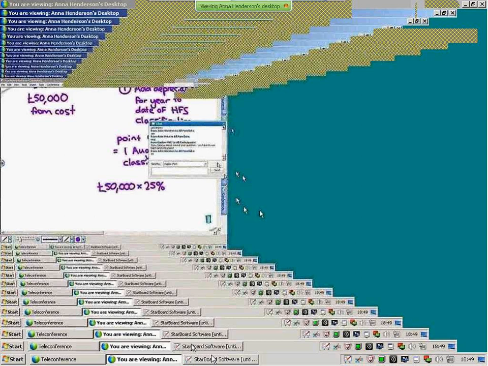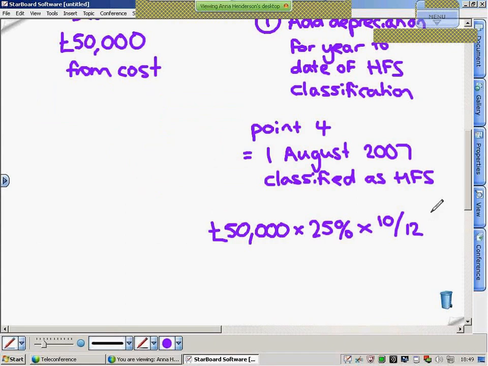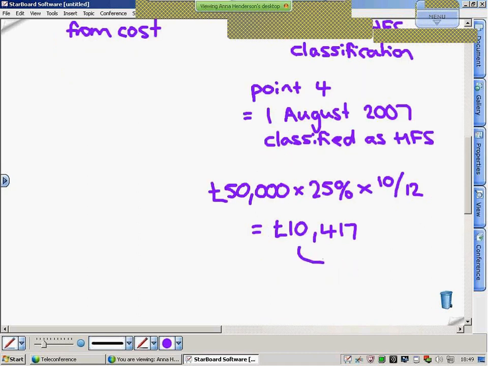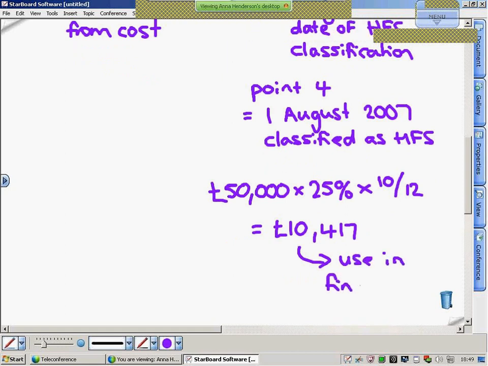We're looking at 10 months before it is held for sale. And that means we've got 10,417, and that we're going to use in the final calculation.